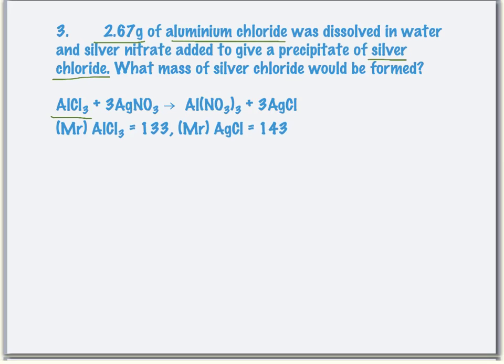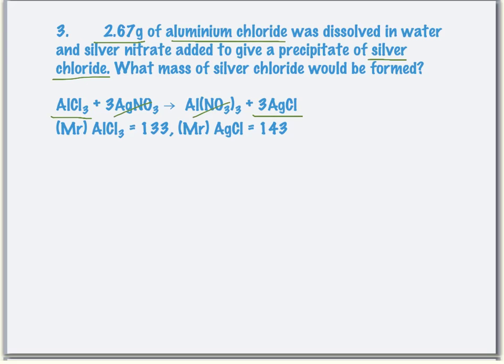So here's our silver chloride. So what mass of silver chloride will be formed? Now, one of the things I neglected to mention is that essentially we can ignore the silver nitrate and the aluminium nitrate here. We don't need to worry about them, because all we need to worry about is how much aluminium chloride will make how much silver chloride.